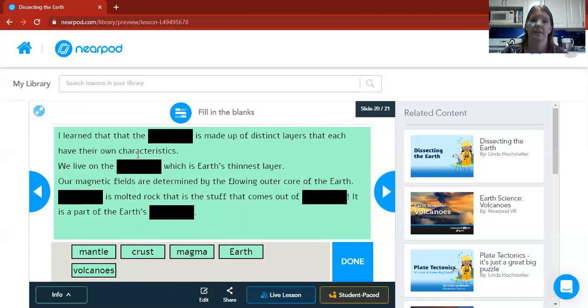I learned that the blank is made up of distinct layers that each have their own characteristics. Earth. We live on the blank, which is the Earth's thinnest layer, crust. Our magnetic fields are determined by the flowing core of the Earth. Blank is molten rock, magma, stuff that comes out of volcanoes, is part of the Earth's mantle.